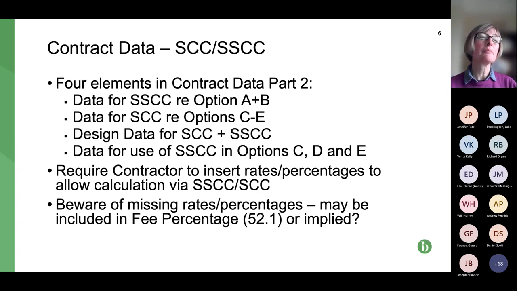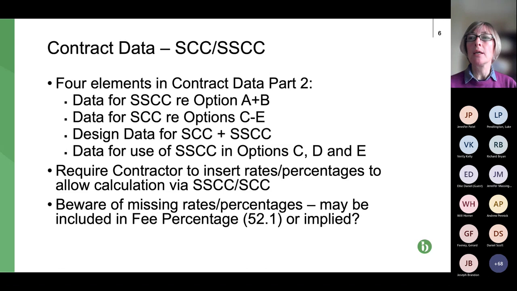So still kind of circling around the schedules, I want to look at how the contract data is relevant to them. So we've got contract data part 1 completed by the client typically, so effectively the paying party.